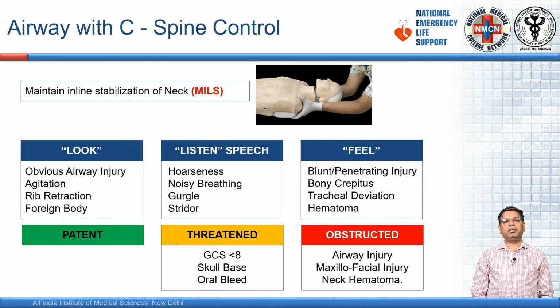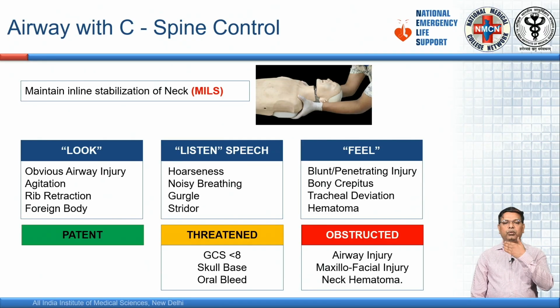If an oral bleed is happening, then the airway is threatened. This is how we know whether the airway is normal or abnormal on look and listen. What you can feel is any swelling or crepitus. That also says that there is some injury to the airway.